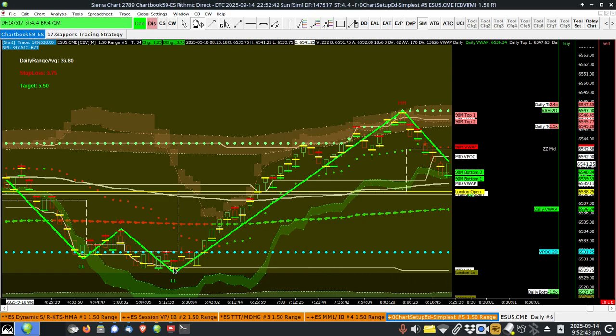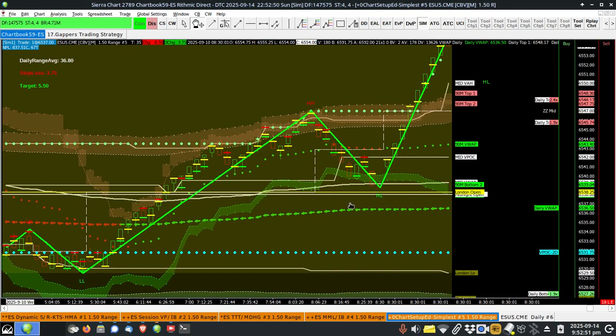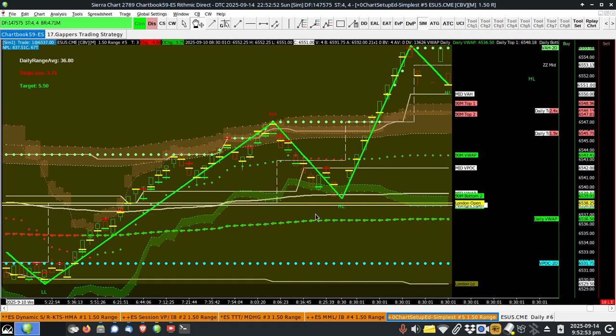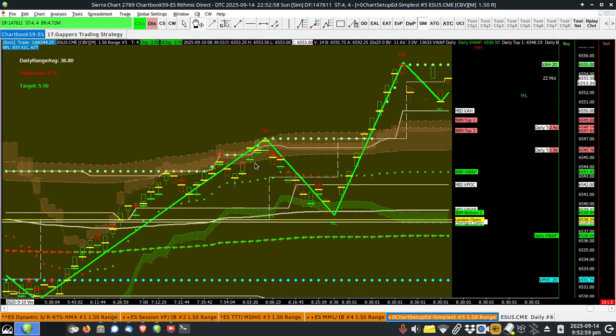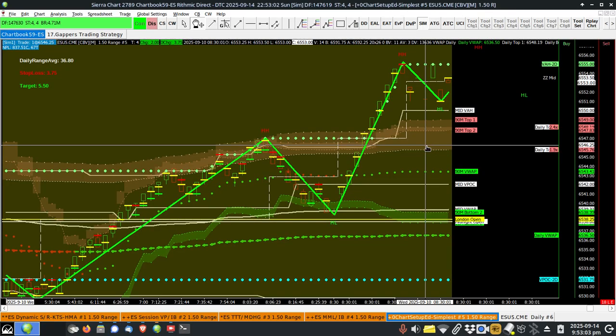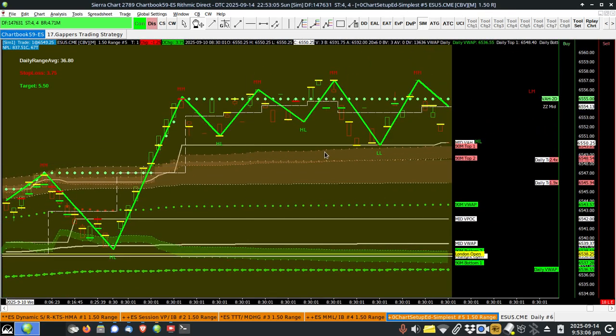Midnight value area low is here. It starts bouncing off that, coming down, trying to push lower than that. Buy it up. I'd say buy it, baby. Then it came down to, what is that? Okay, the midnight VWAP. Came down to midnight VWAP, bounced, and then it just took off.